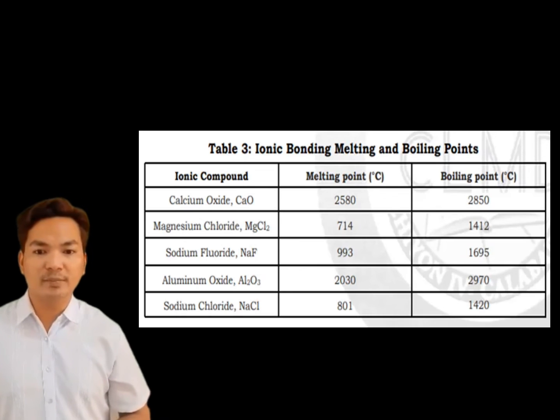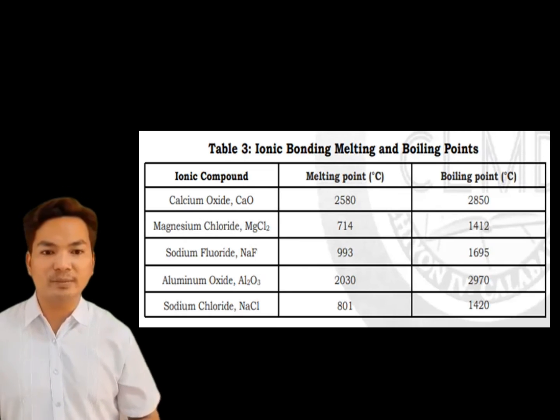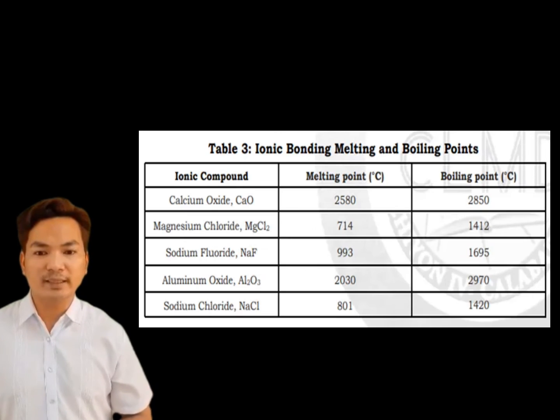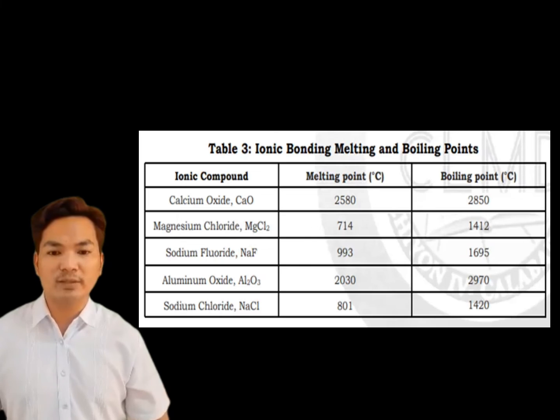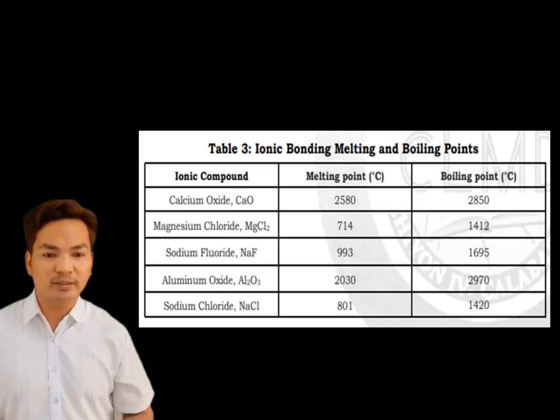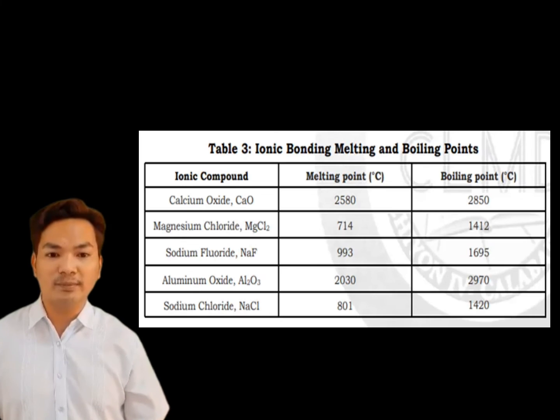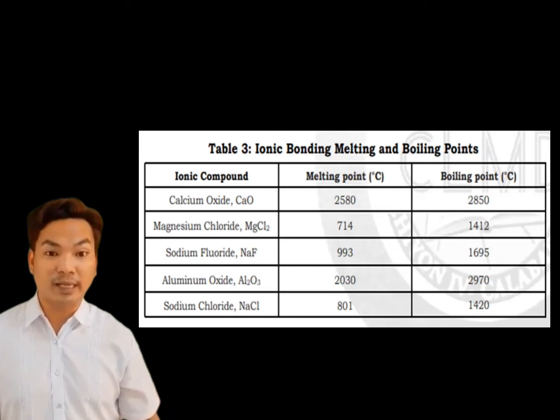Sodium chloride, the melting point is 993 and the boiling point is 1695. In aluminum oxide, the melting point is 2030 and the boiling point is 2970. And lastly, the sodium chloride, the melting point is 801 and the boiling point is 1420.